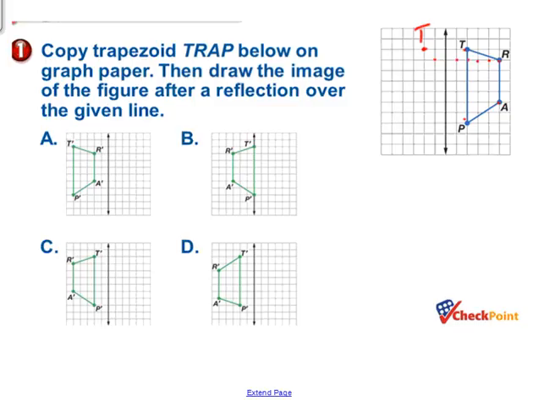That is R prime. And 1, 2, 3, 4, 5 is point A prime. And P is 1, 2. P prime is right here. So the reflection is like that. Which one of these diagrams, A, B, or C, would match that?